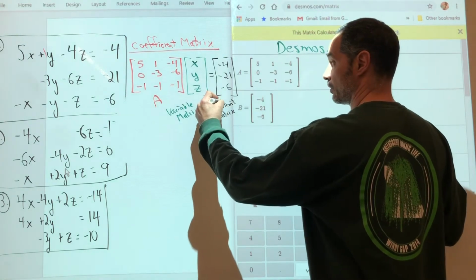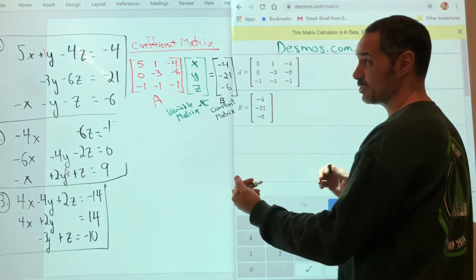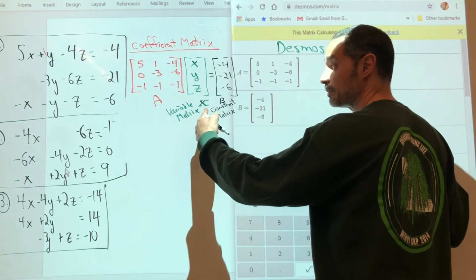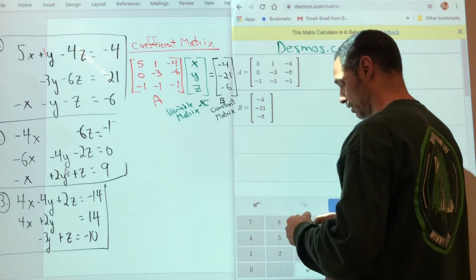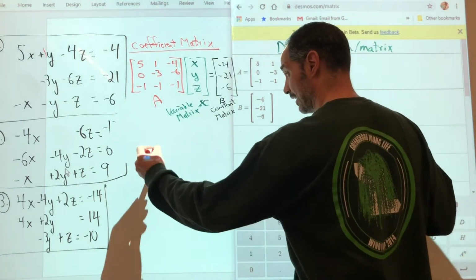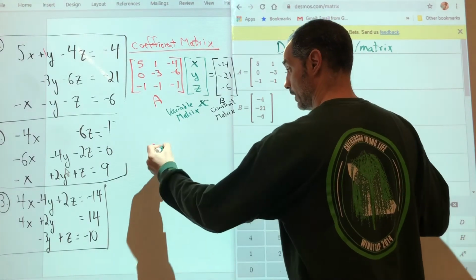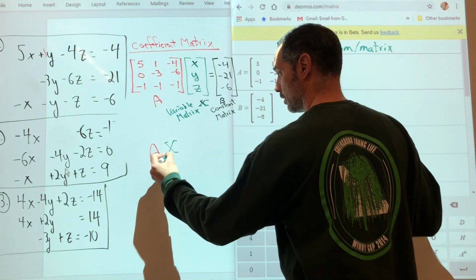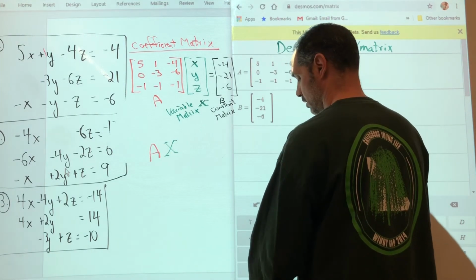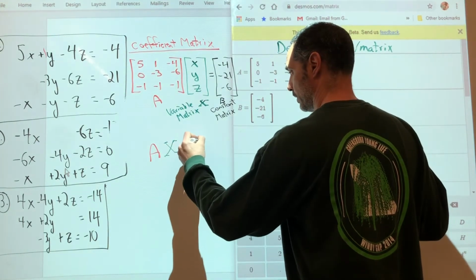And then we're going to call this one matrix B. So I essentially have an equation. Matrix A times matrix X equals matrix B.